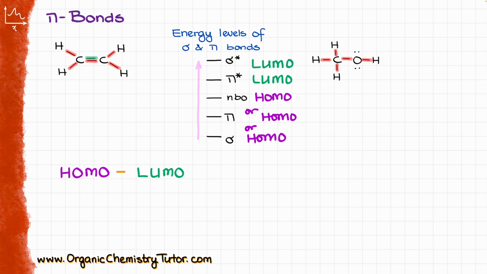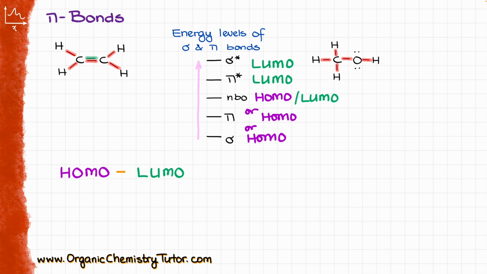Occasionally, depending on the structure of the molecule itself, the non-bonding orbital can also be the lowest unoccupied molecular orbital, which we are going to see in the cases of, let's say, carbocations or boron-containing molecules and a few other examples.